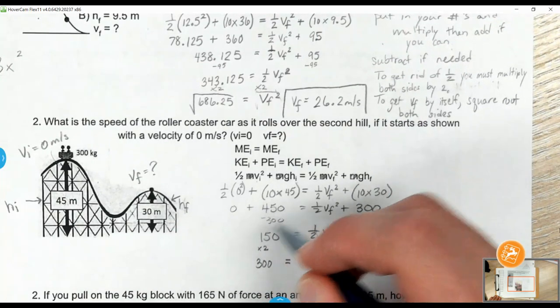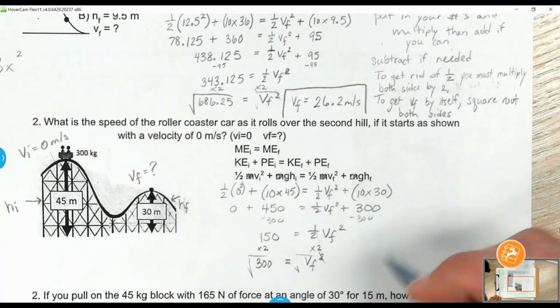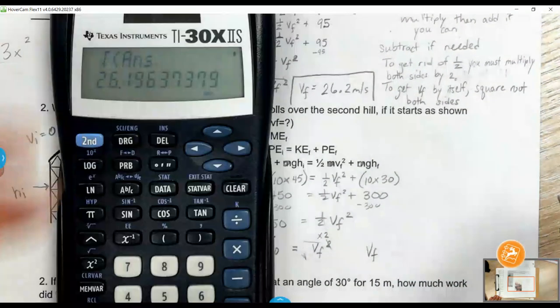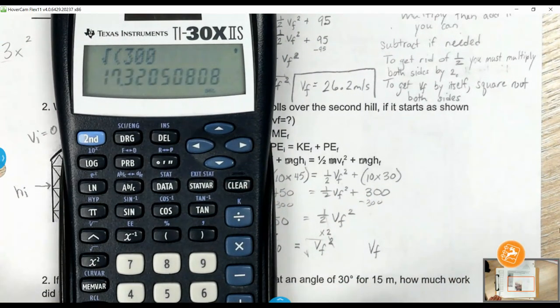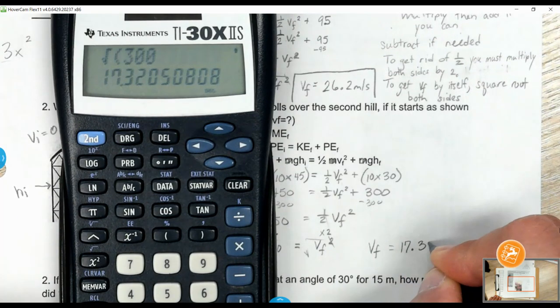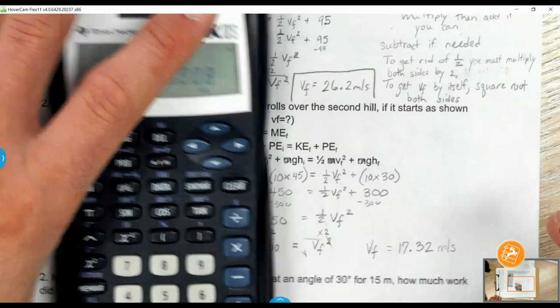So square root 300, square root of VF gets rid of this piece here. So in your calculator, we're just doing the square root of 300. That gives .32 and the unit meters per second.